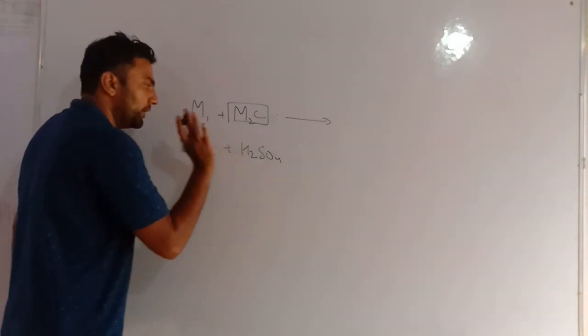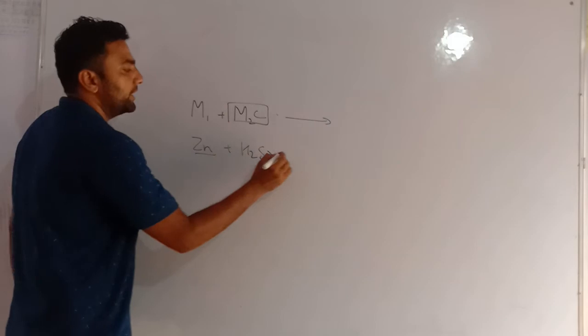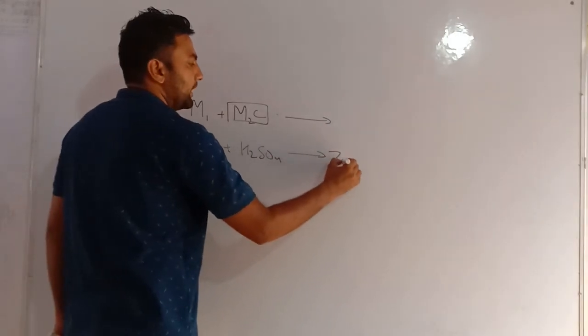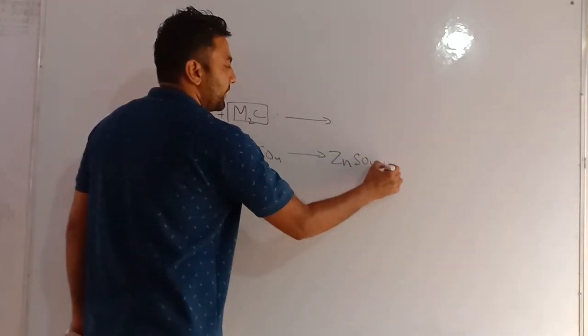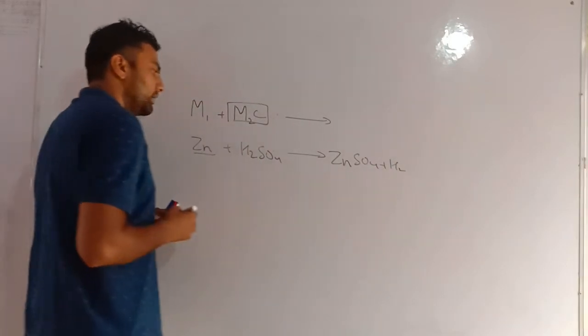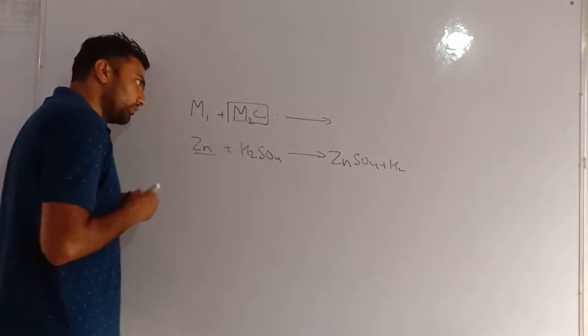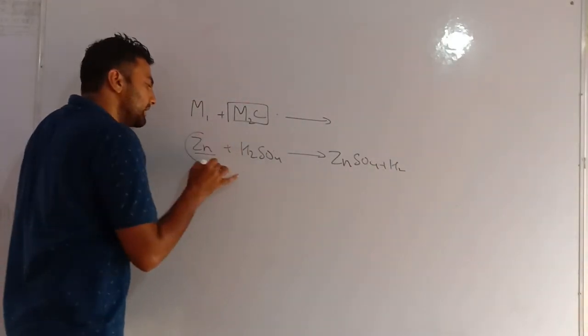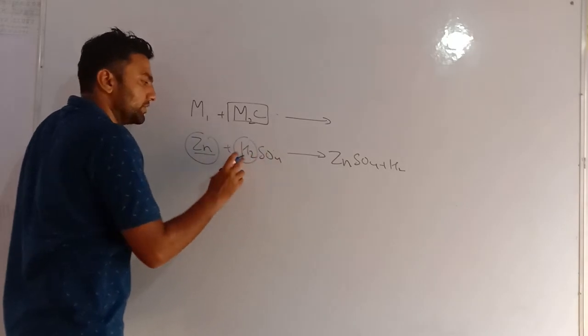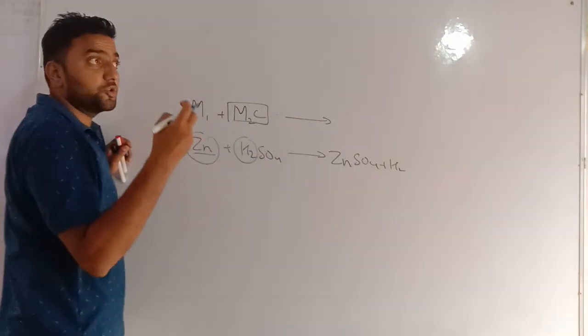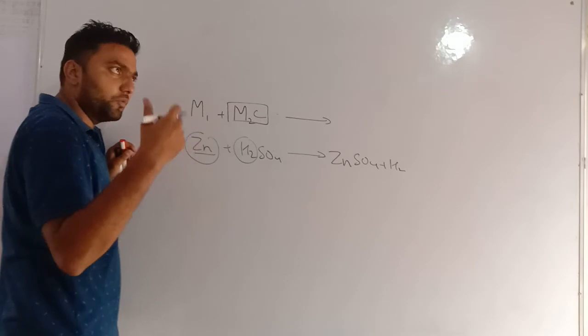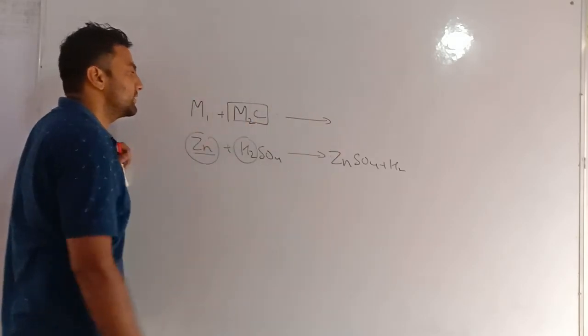As zinc is more reactive, it will replace this hydrogen, and I will get zinc sulfate plus hydrogen. Very important. This took place only and only as zinc is more reactive than hydrogen. As we know, hydrogen shows a metallic character. We will see why in further lectures.